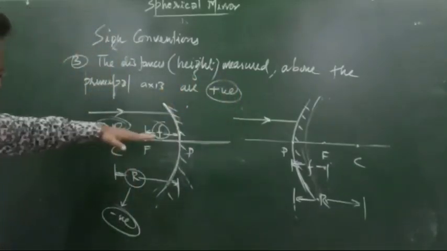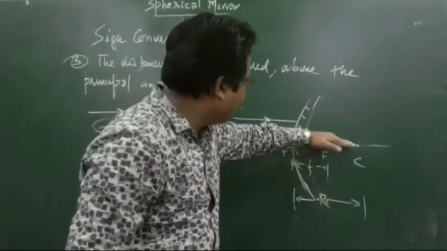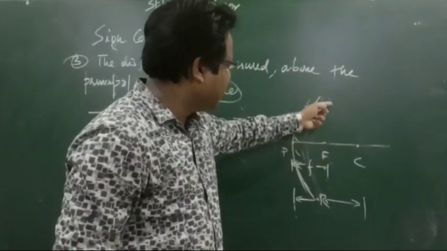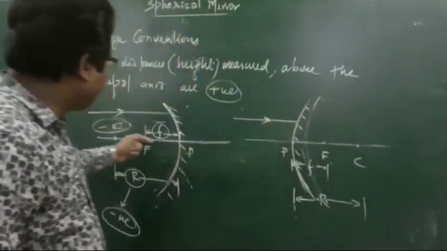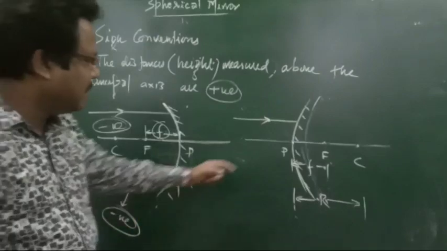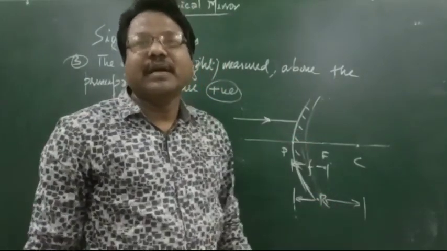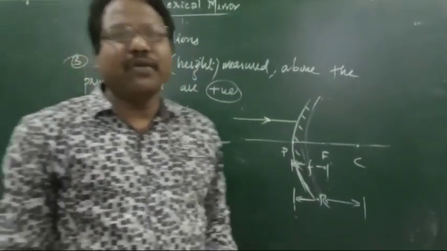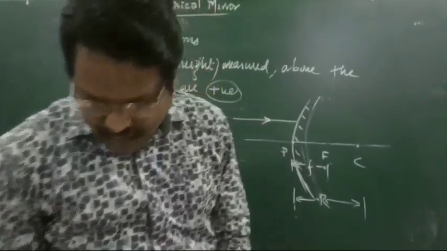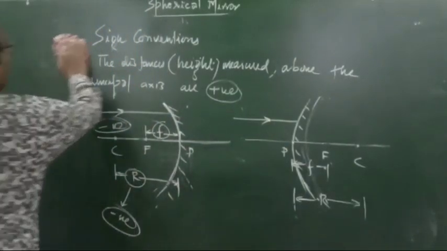If I measure the distance above the principal axis, if you measure the height from here to here, above, it is positive. On the other hand, if you measure it below the principal axis, the height is negative. So these are the rules of image formation.